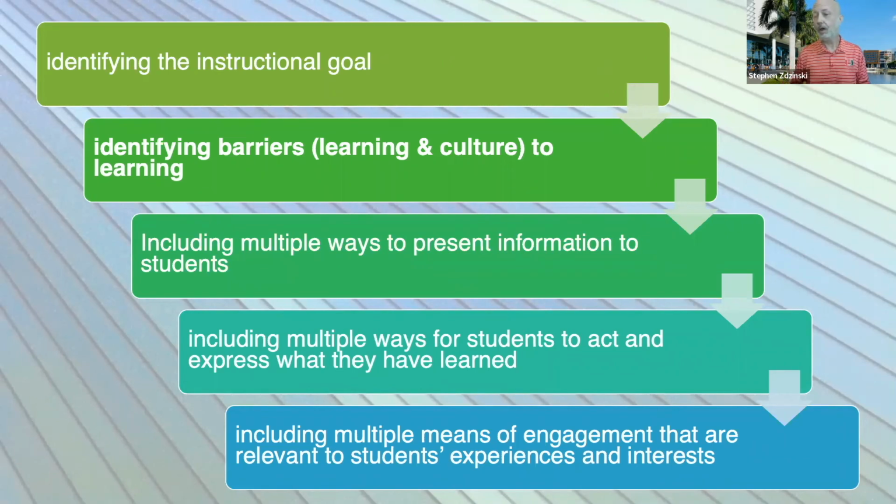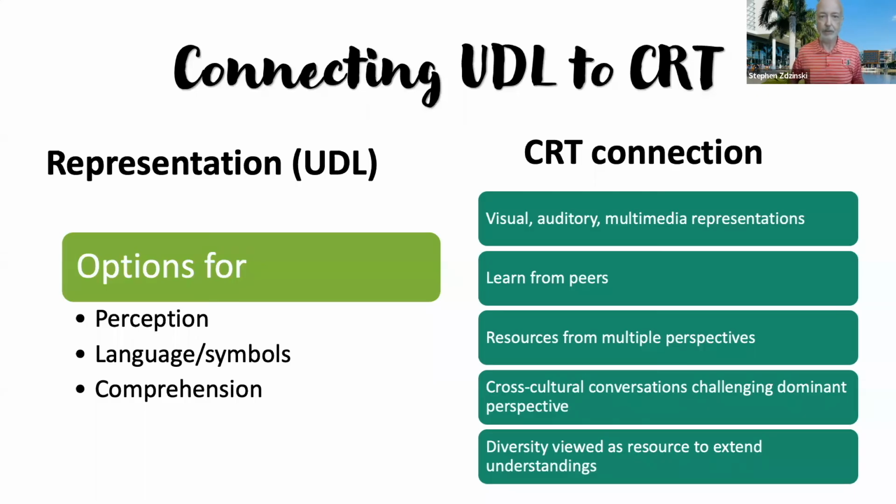And then we talk about how do we reach them? With the goals and the barriers identified, we talk about how to reach them: multiple means of presenting information, for example, and multiple ways for students to demonstrate what they know, as well as using the knowledge of their backgrounds to make the engagement in classroom situations better.